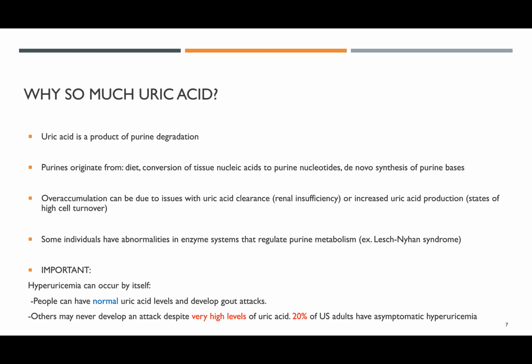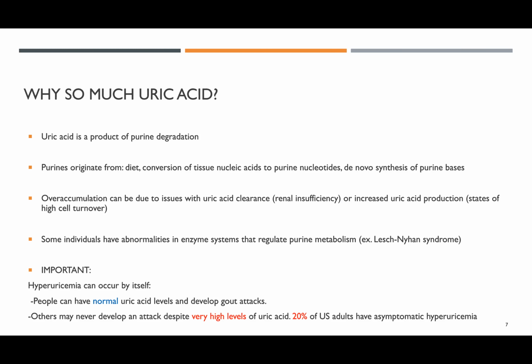So the bottom line for gout is you're having gout from that hyperuricemia, either because of an overaccumulation of uric acid, because you can't excrete it, such as in chronic kidney disease, or you're having a situation of high cell turnover, like certain cancers, where cells are dying, pouring out the internal uric acid, causing too much uric acid to accumulate in the bloodstream. An alternative for that increased uric acid production is too much uric acid intake through taking in foods and such that have too much uric acid.